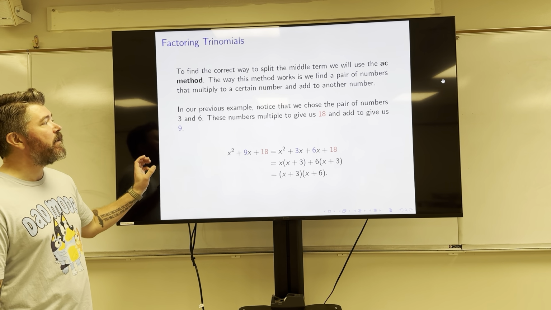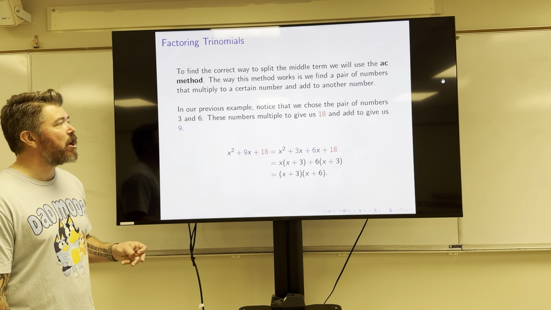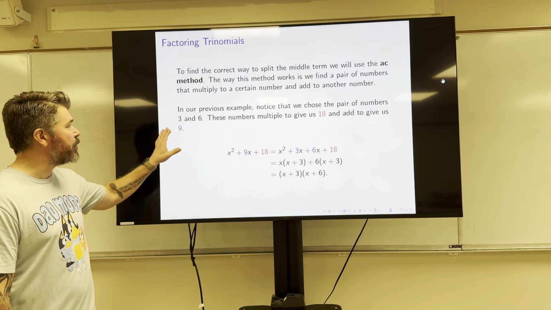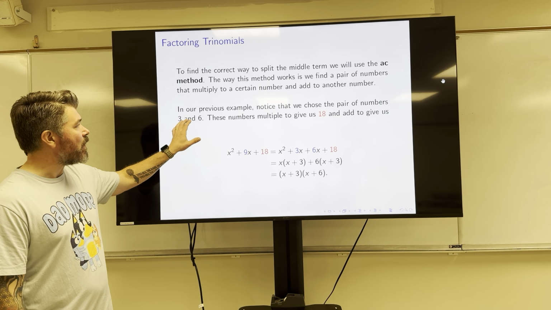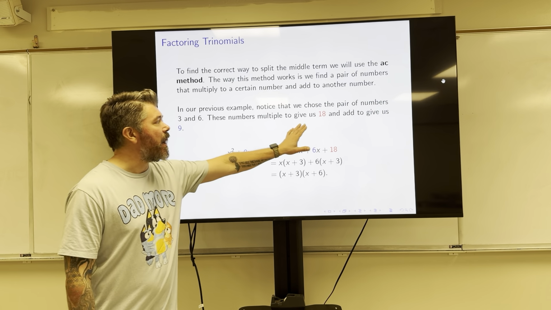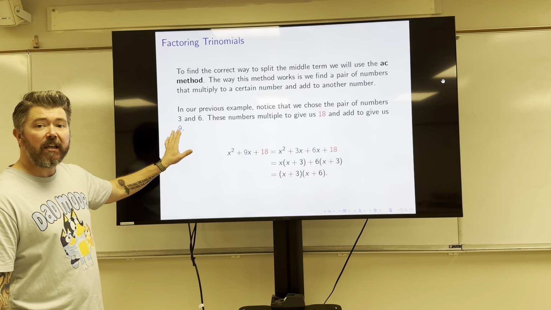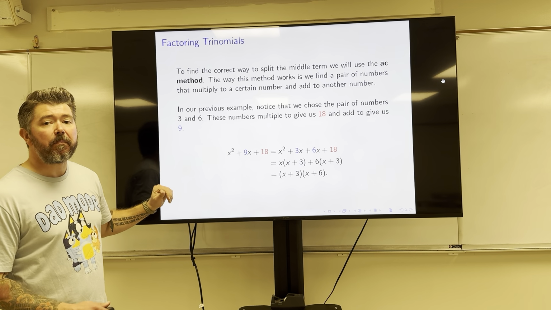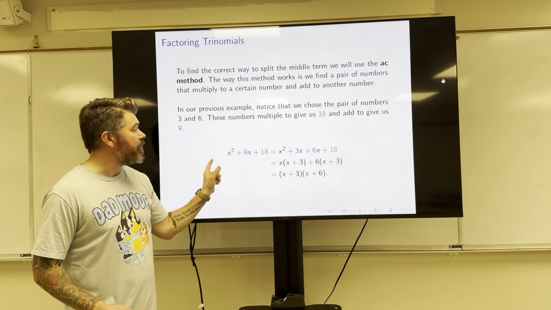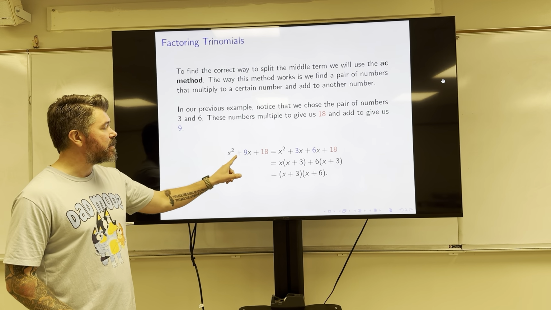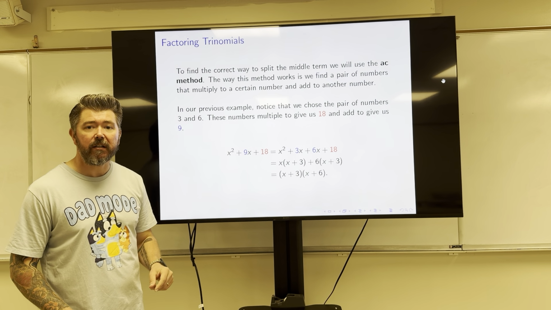Okay, so in our previous example, notice that we chose the pair of numbers 3 and 6, right? Now these numbers multiply to give us 18 and add to give us 9. Let's look at the trinomial that we were trying to factor: x squared plus 9x plus 18.